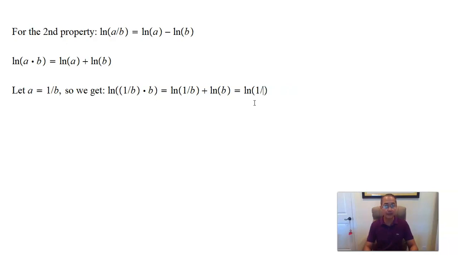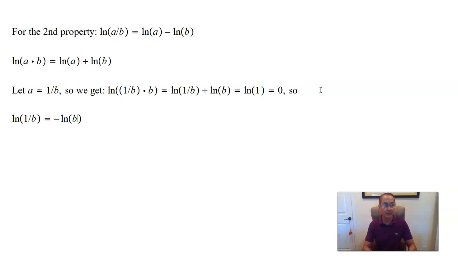That is simply 1. We know what ln of 1 is. It's just 0. So this tells us that ln of 1 over b must be the negative of ln of b. And again, that's exactly what we observed in GeoGebra. The ln of 1/2 is the negative of the ln of 2.